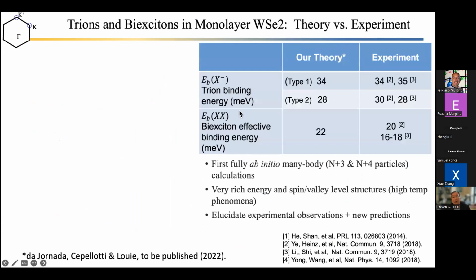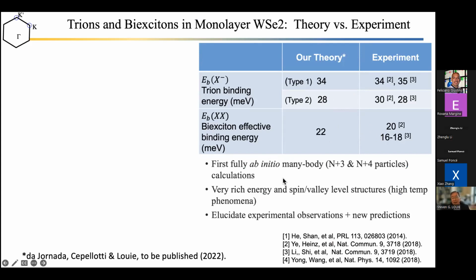Here's some of our results using the interacting Green's function approach, comparing the binding energy of the trion and the bi-exciton with experiment. Here are the binding energies, calculated with no adjustable parameters. They compare quite well with experiment.